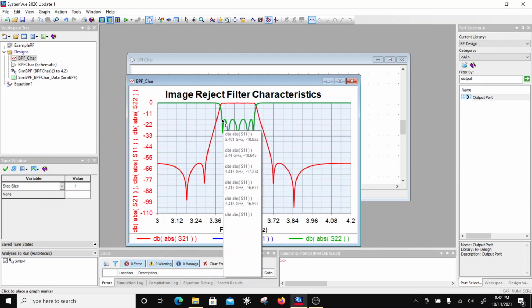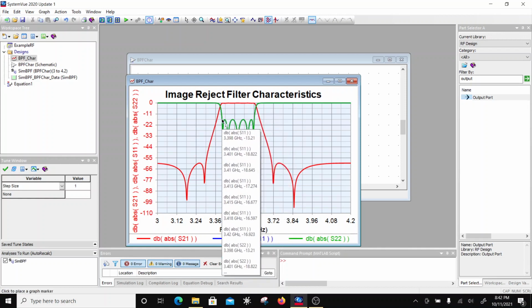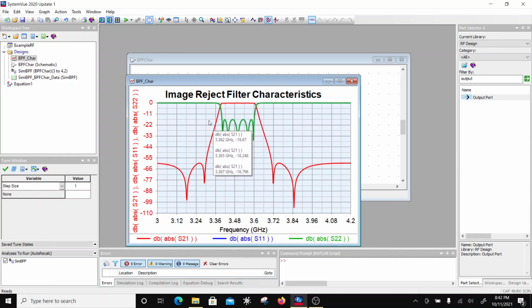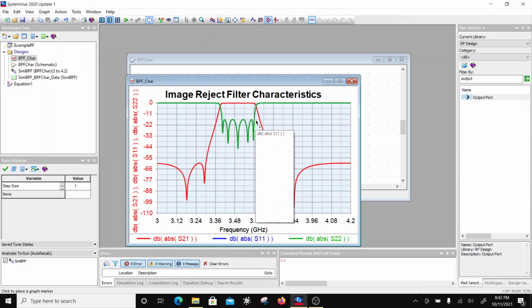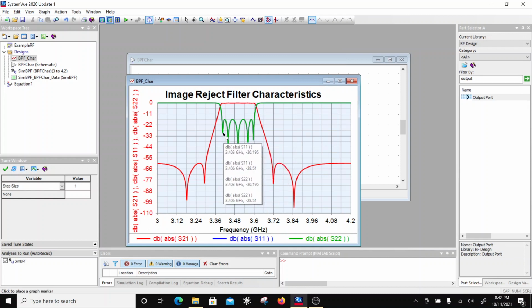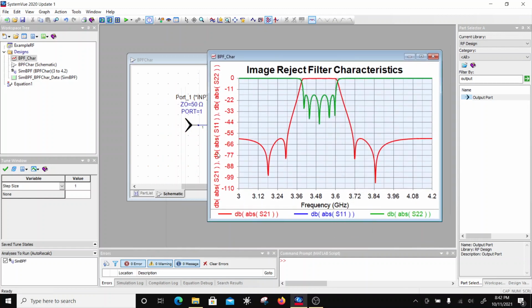The return loss is better than 13 dB across the band, right? So fine. And by the way, you can see this is fifth order, so you'll see 5 poles here, 1, 2, 3, 4, and 5. Okay, so this is the characteristics of the image reject filter.